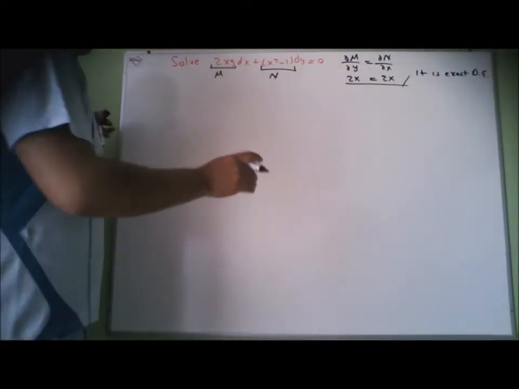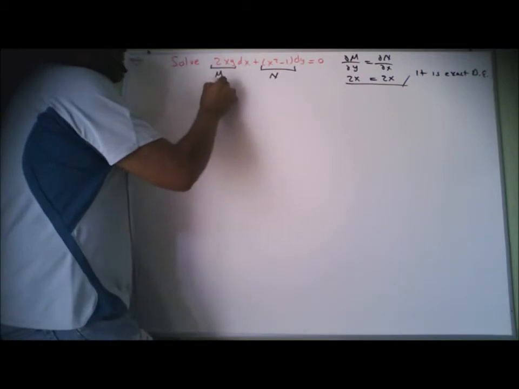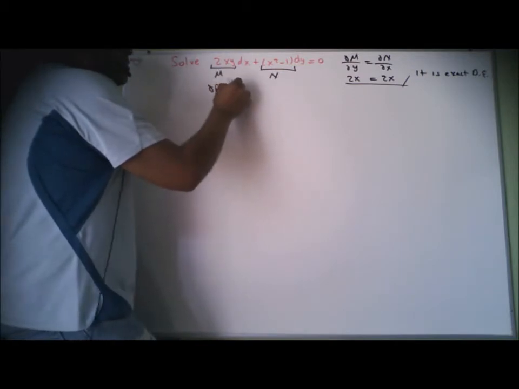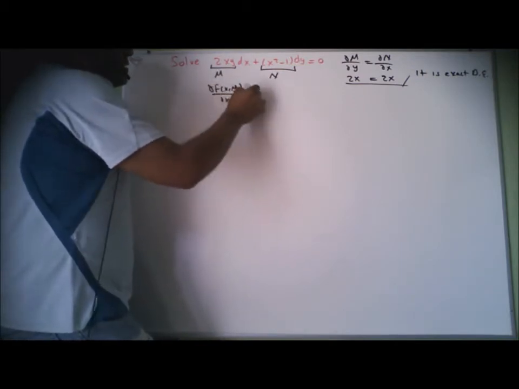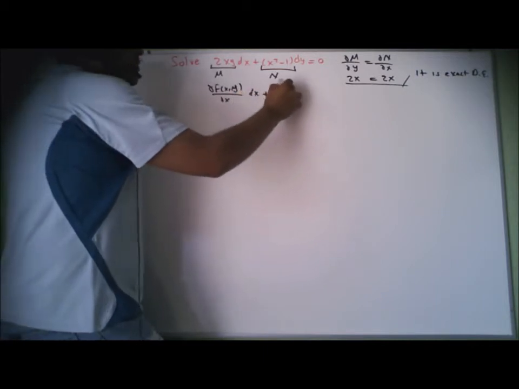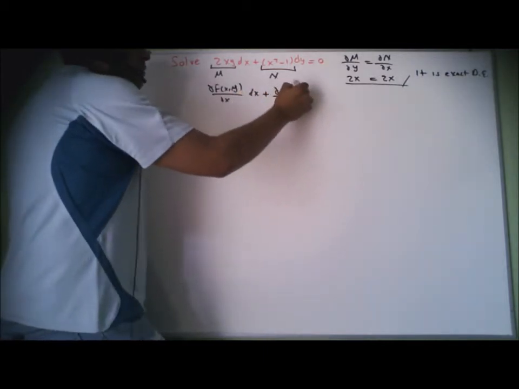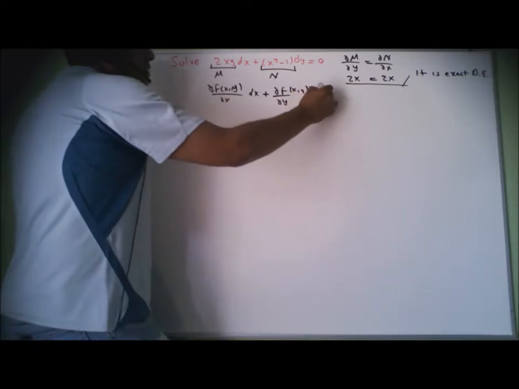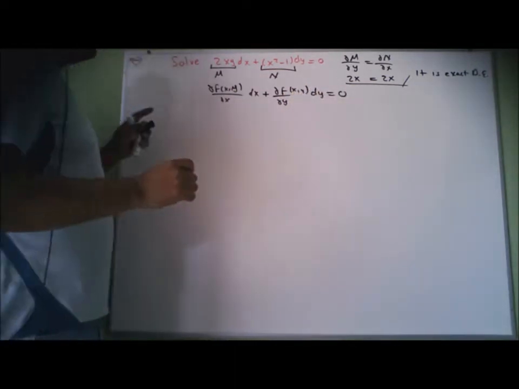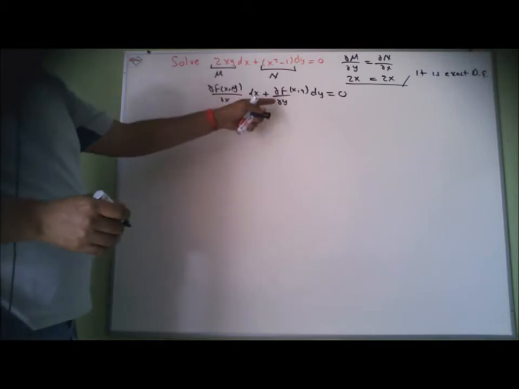So that means that this comes from the partial of a function with respect to x, differential of x, plus the partial of a function with respect to y, differential of y, equal to 0. So that means that this is equal to this and this is equal to this.